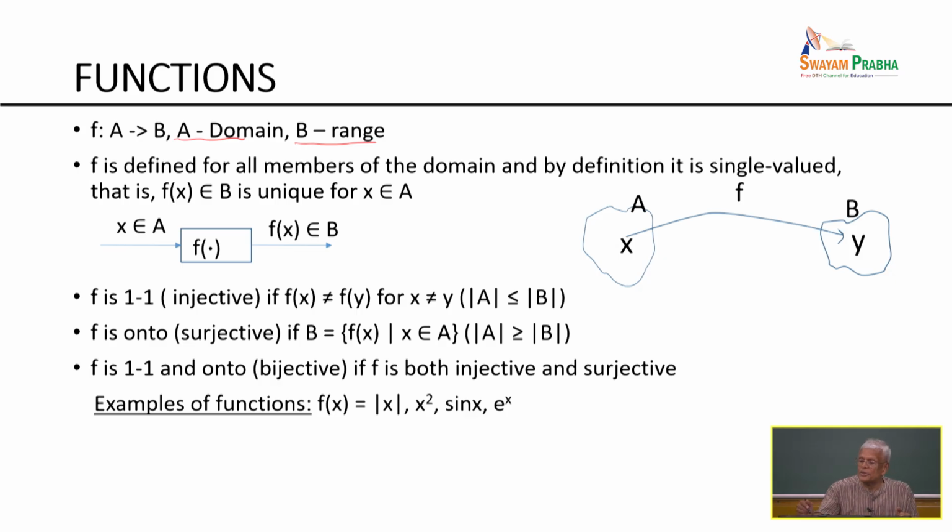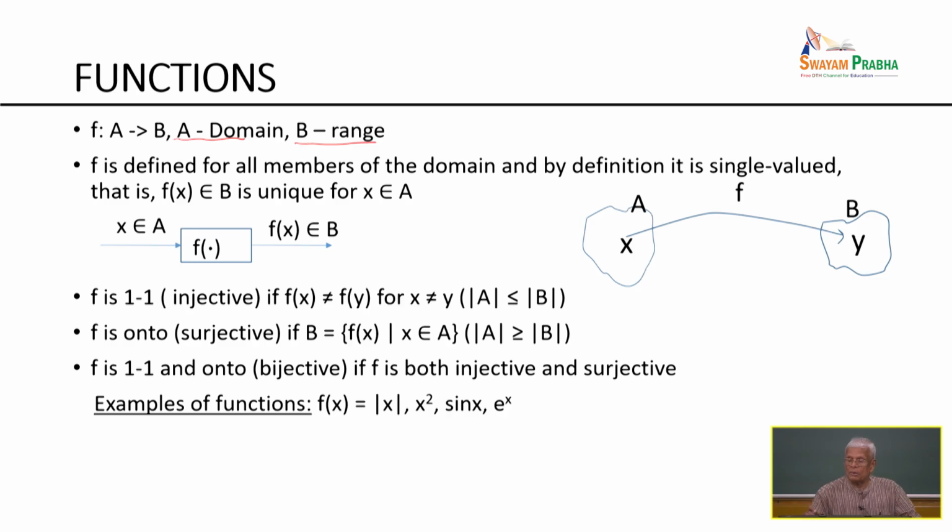And also by definition it's single valued. What is the difference between a single valued function and a multivalued function? In a multivalued function, x can have more than one image. In a single valued function, every x has to have a unique y associated with it.